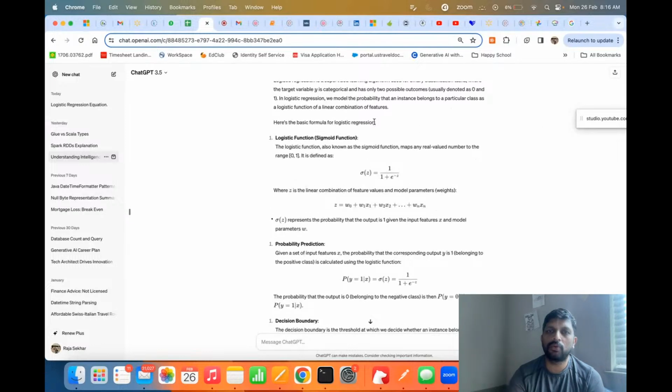The value of z is w0 plus w1x1 plus w2x2 and so on, which is nothing but our linear regression equation. You calculate z, and then you put it into the sigmoid function 1 by 1 plus e power minus z, and that will give us the probability for the particular classification. Correct? Got it.